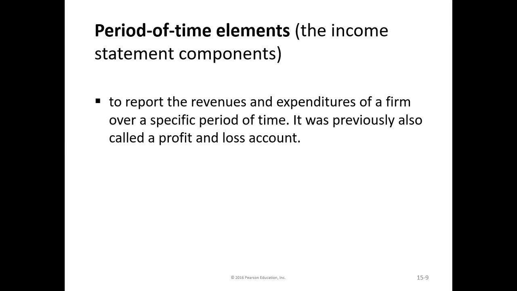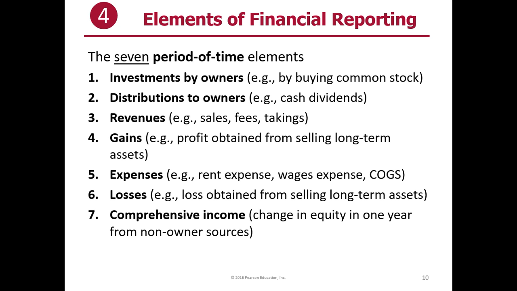So in the past, the name of the period of time elements, the income statement components, was profit and loss account, P&L account. The income statement has 7 elements. Like the balance sheet has how many elements? 3 elements: assets, liabilities, and equity. So what was the previous name for the income statement?